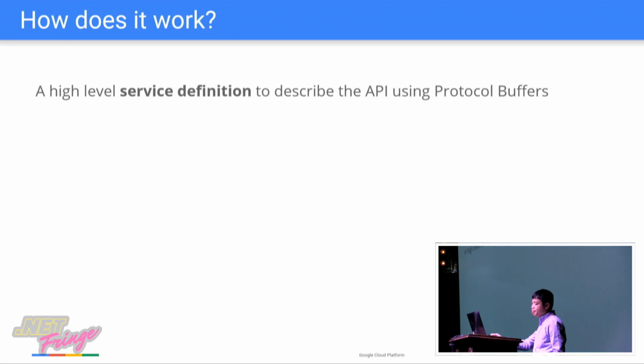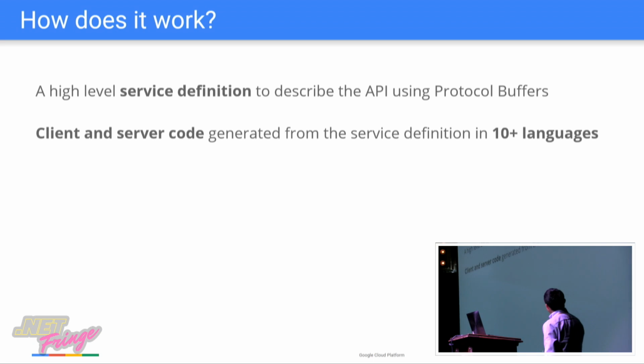How does it work? It uses a high-level service definition to describe the API using protocol buffers. You create the service definition using protocol buffers. Then you generate the client and server code from the protocol buffer API definition in more than 10 languages.